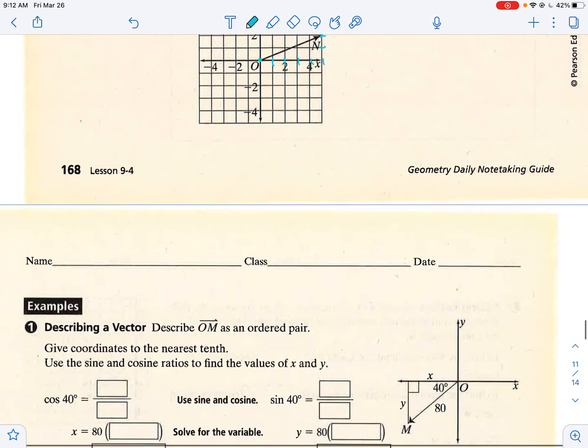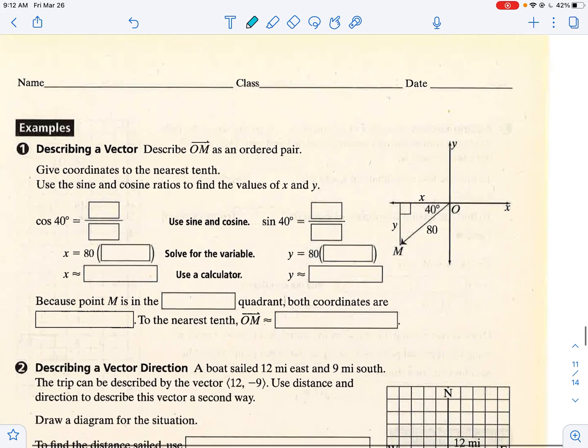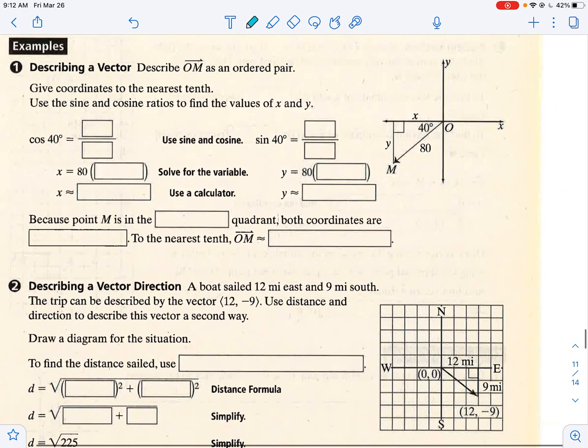Okay, so knowing all of that, let's look at some examples. Example 1 says to describe vector OM as an ordered pair. Give the coordinates to the nearest tenth. Use sine and cosine ratios to find the values of x and y. So first, we're looking at the angle 40 here. Let's find x first. So this would be adjacent, and we have the hypotenuse.